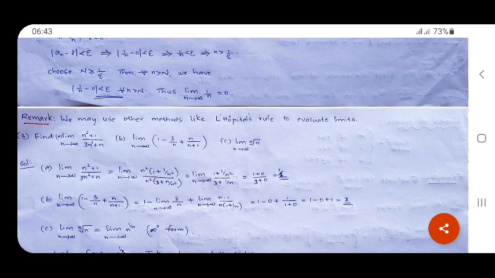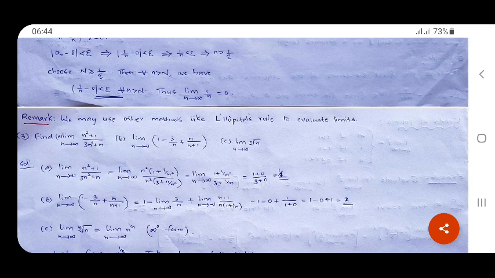That is what we have done here. Taking n square outside on numerator and denominator, you get limit n tends to infinity 1 plus 1 by n square divided by 3 plus 1 by n, so 1 by 3. The second one also is done like that.